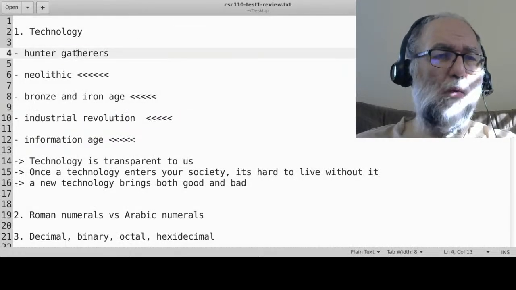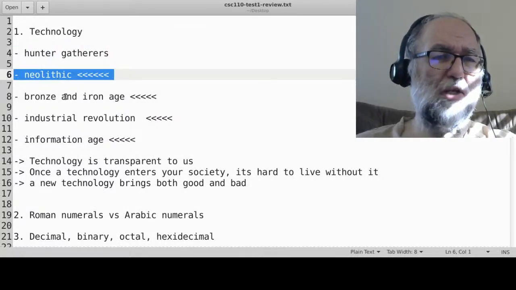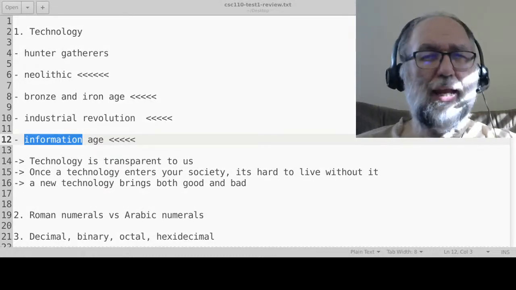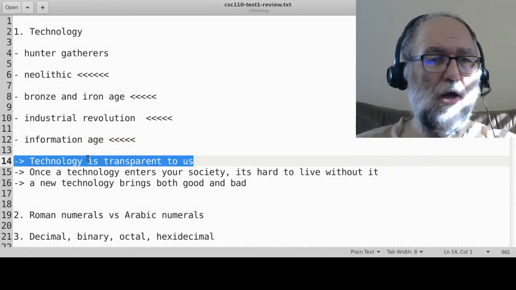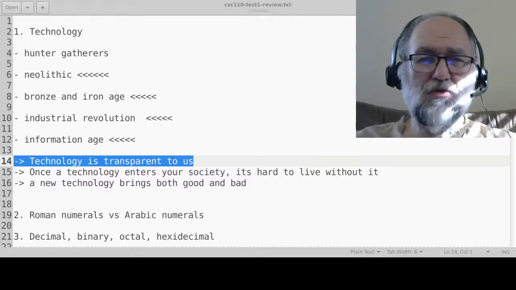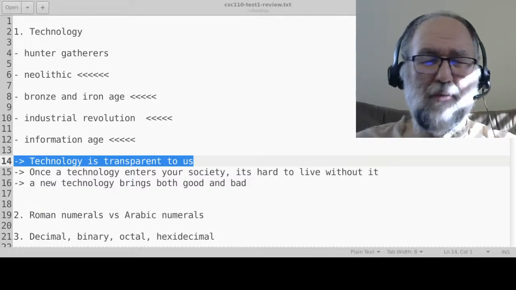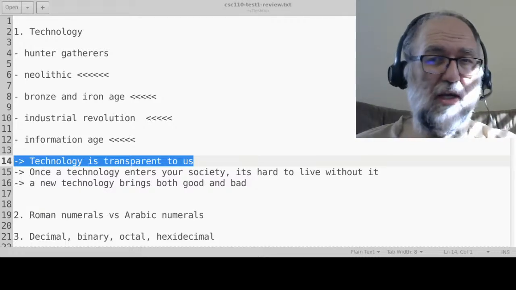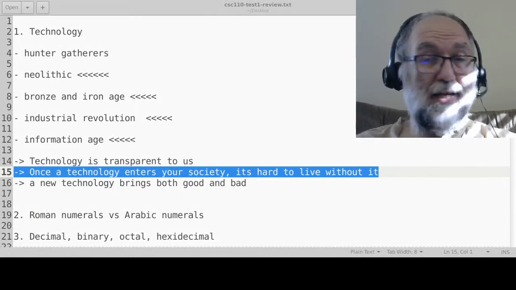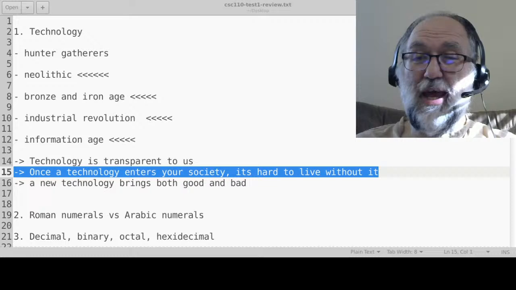Okay, so what do you need to know? Well, you need to know what happened during each one of these, and you generally need to know the lesson that we're getting out of this history. The lesson is that, one, we just use our technology without thinking about it. That's what we mean by transparent. You don't really think about how your phone works. You just use it. The other thing is that once the technology is in your society, you have to use it.